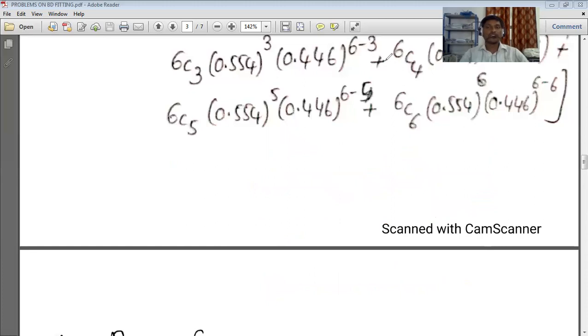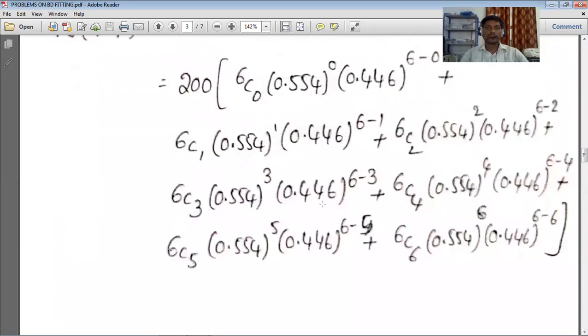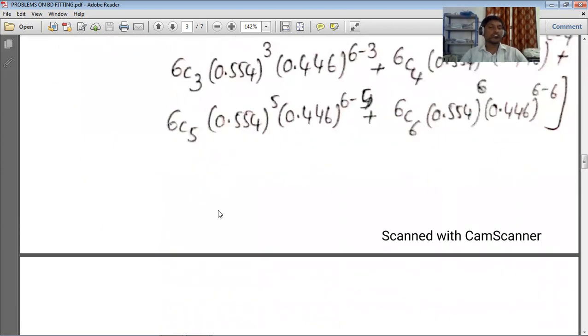Okay, so here it is. What we wrote, same as that. See that 6C0, 0.554 whole power 0, 0.446 whole power 6 minus 0. Next this is representing P of 1. So this is P of 2, P of 3, P of 4, P of 5 and P of 6. After getting these, simply multiply each and every term with 200.